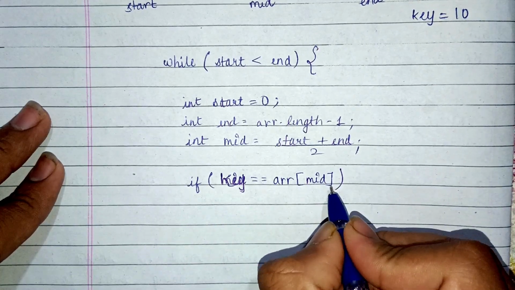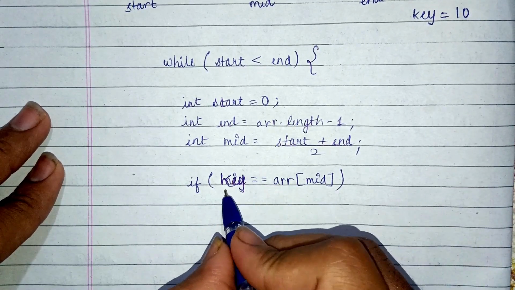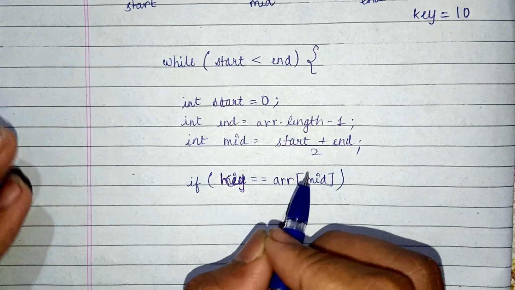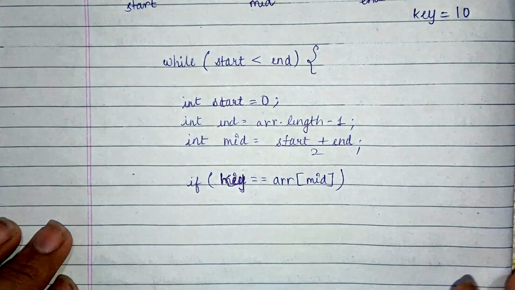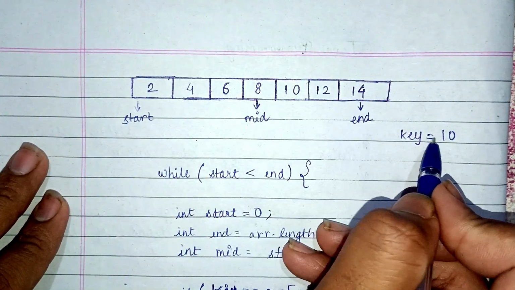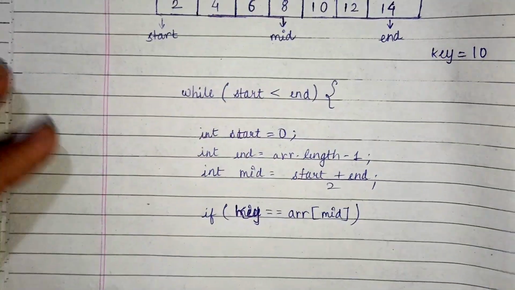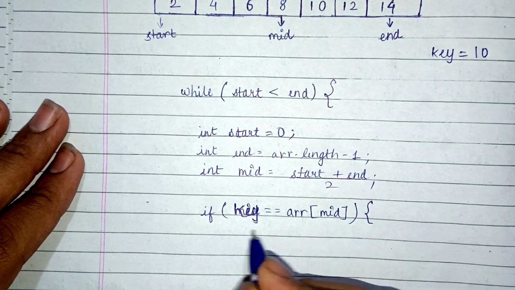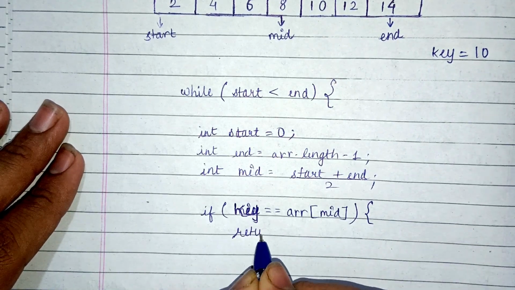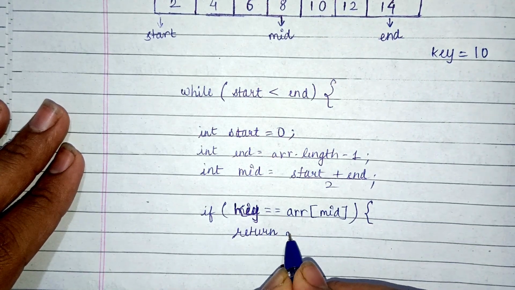By mistake I have written mid here. If key is equal to array of mid, meaning the middle value is equal to the key, then we have to return mid, meaning its index value.